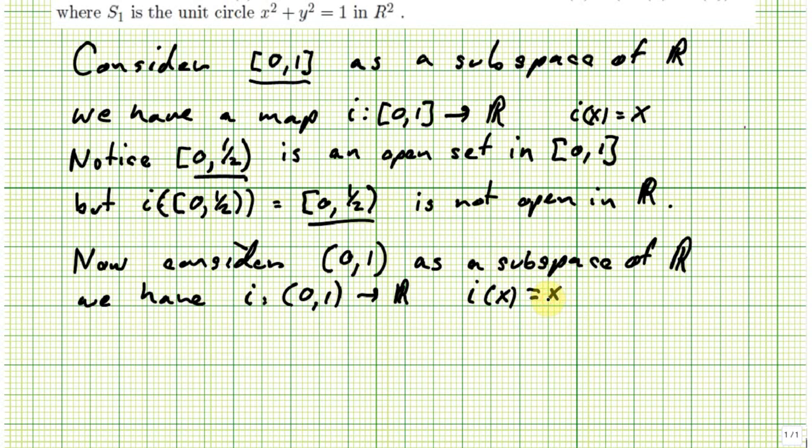So it maps, well, 0 is not part of the set, but it maps 1 half to 1 half, and 3/4 to 3/4.